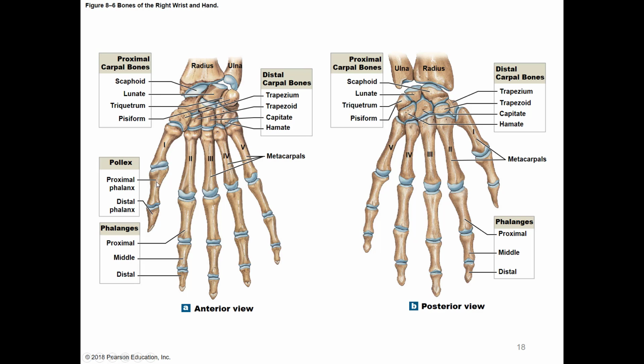So there are 2 phalanx bones in the thumb, proximal and distal. In the other 4 fingers, we have proximal, middle, and distal. So 3 bones in each finger, as you can see, from index finger to pinky.